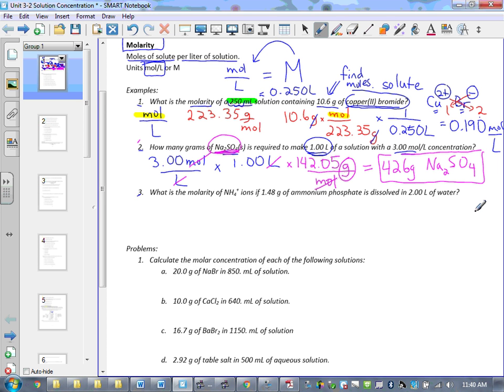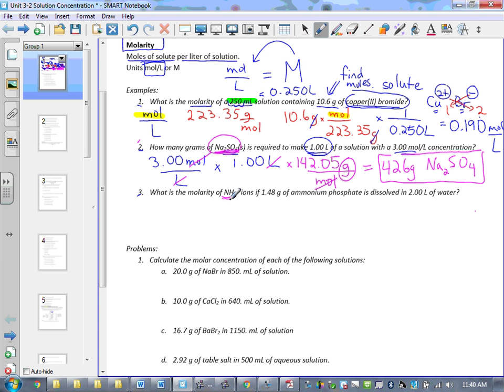Okay, next problem. This is probably our most complicated problem. So remember when we were doing net ionic equations and only a certain portion of our compounds reacted and everything else was spectating? So often when we look at molarity, we often just express it in terms of molarity of one particular ion.